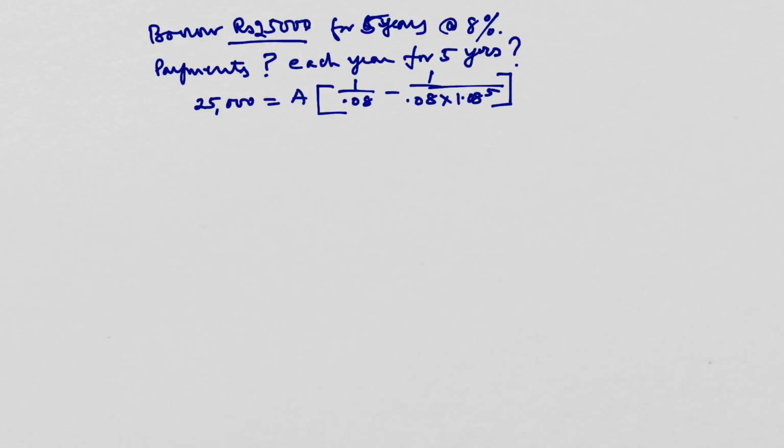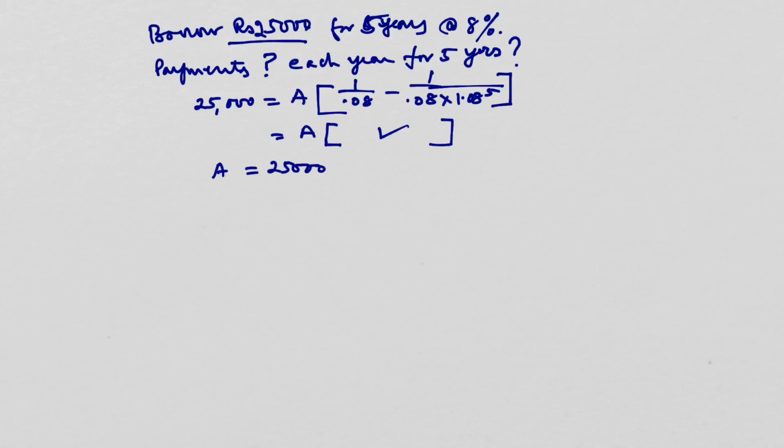Now this will give you the annuity factor. So you have A and the annuity factor. You can calculate that annuity factor using your scientific calculator. Now, if you use that factor and divide this 25,000, your A will be found.